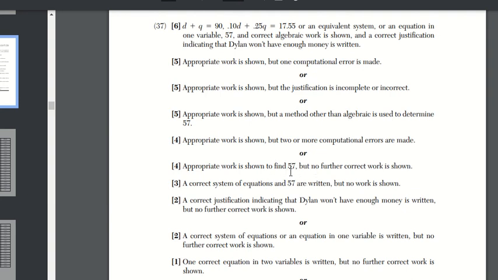If you didn't answer the question about the coins and Dylan's mom, so as soon as we get to that part 3, if you only did the first 2 parts, that's 4 points. If you wrote your system of equations, got 57, and showed no work, you would still get 3 points because you get 2 points for the system.